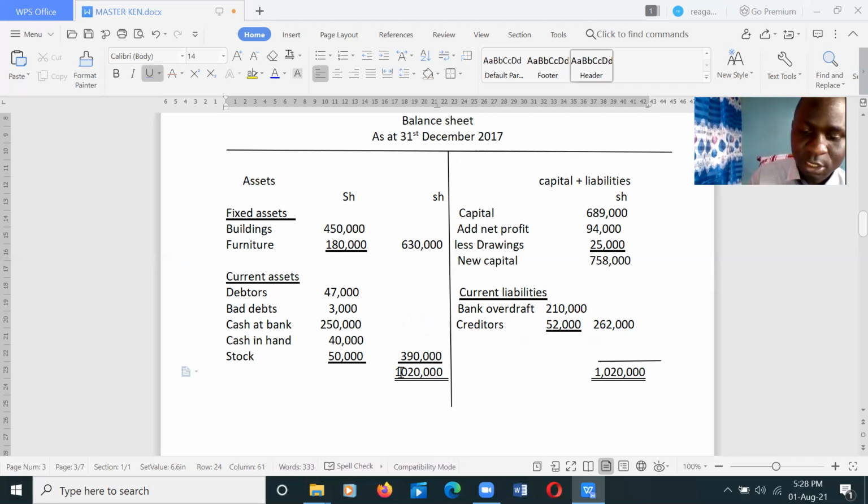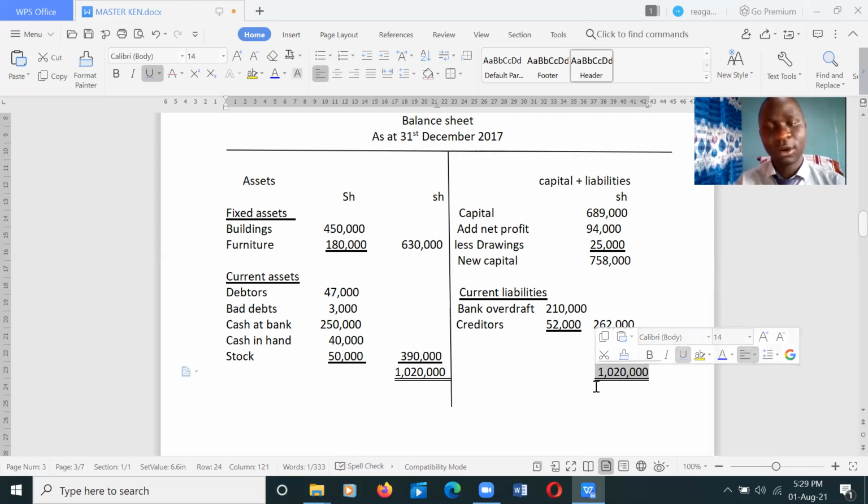After adding that, we get 1,020,000. That is our total assets. And when we move to capital plus liabilities on the right-hand side, we also get 1,020,000. It means I have added 758,000 and 262,000, and I got 1,020,000. So that is our balance sheet.